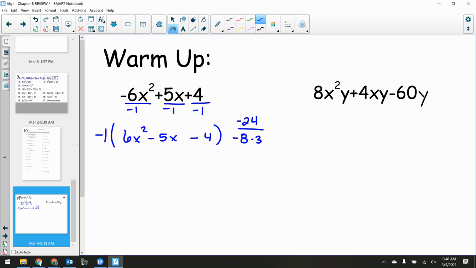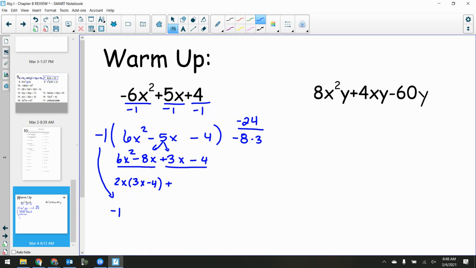So once I've confirmed that, yes, this does factor even more, I'm going to arrow down this negative 1 and say, okay, this is 6x squared minus 8x plus 3x minus 4. We break that middle piece up into those two. And now we factor by grouping. Pull out a 2x, leaving us a 3x minus 4.